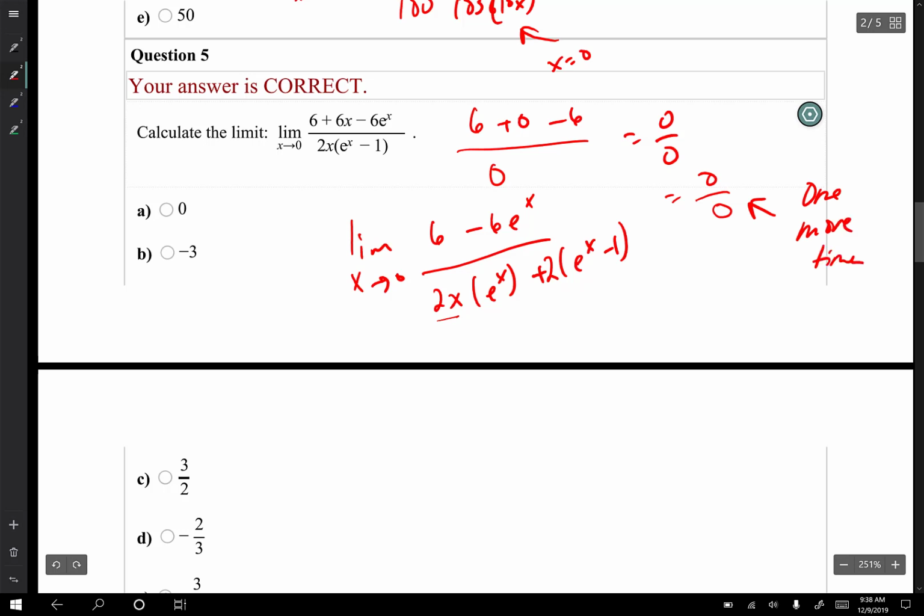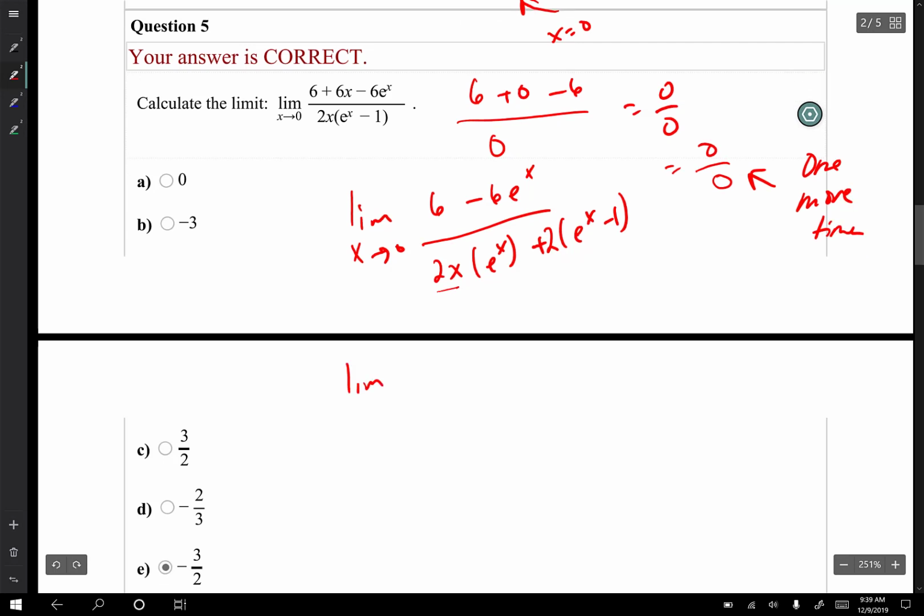All right, so here we go. Limit as x approaches 0. The derivative of negative 6e to the negative x is negative 6e to the x over, and I guess I'm going to have to do a product rule with this guy right here. So first times the derivative of the second plus second times the derivative of the first, and I still have this guy, so I'm going to have to do product rule again, guys.